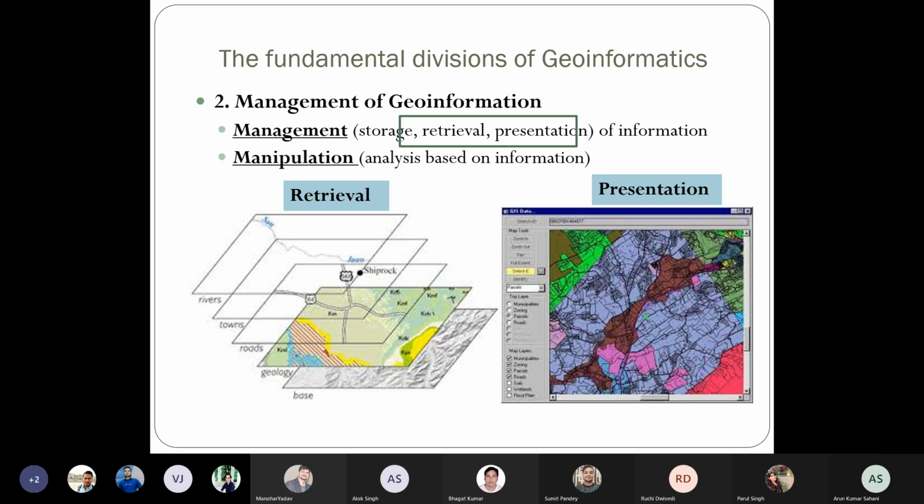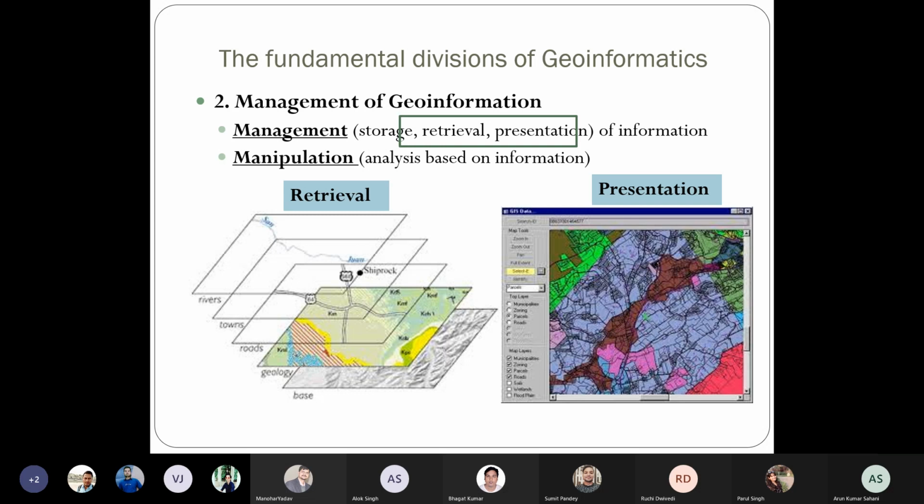Now that information can be presented for further interpretation and analysis. Like in the second figure, you can see that different colors are given to the different area pockets, so a distinct color represents a particular object.